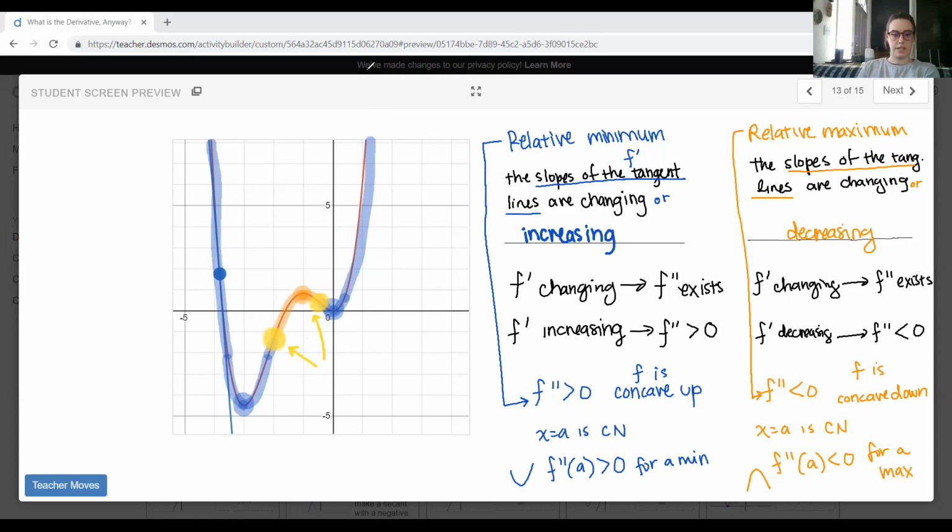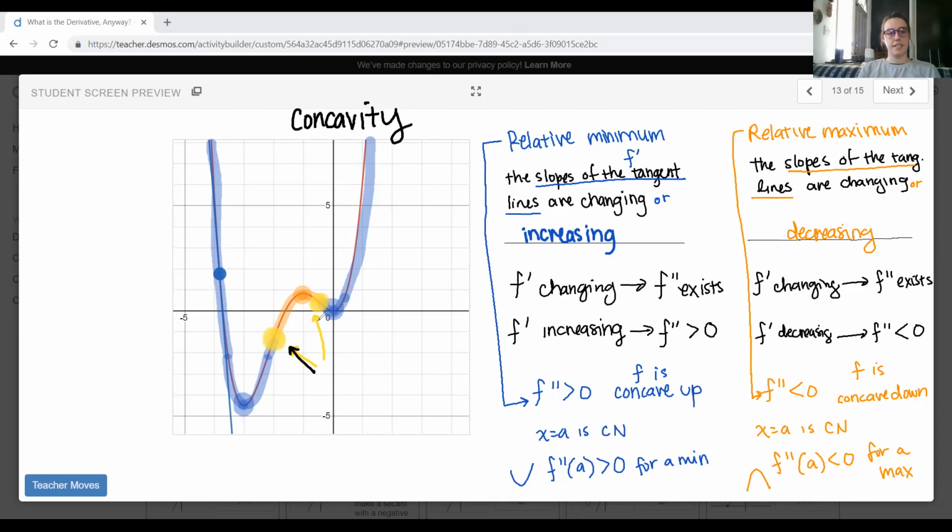These are locations where it changes from concave up to concave down, or the other way, which means another way of phrasing that, instead of having to specifically say concave down to concave up, or concave up to concave down, the word to just describe these shapes is concavity. That's the way the curve is facing. And so your choices are up or down.